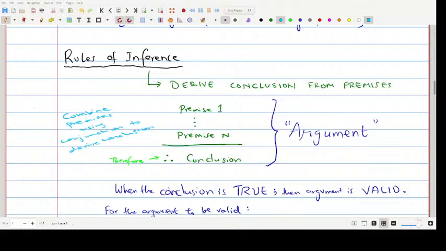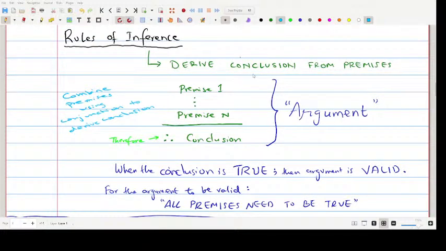So that's about the definition of inference. The entire inference is called an argument. An argument is valid when the conclusion is true. Since it's a conjunction which leads to a conclusion which is true, each of the premises should be true.